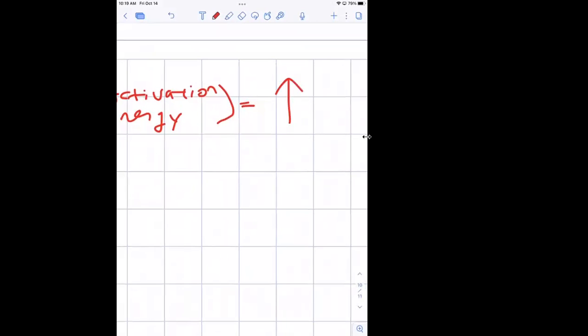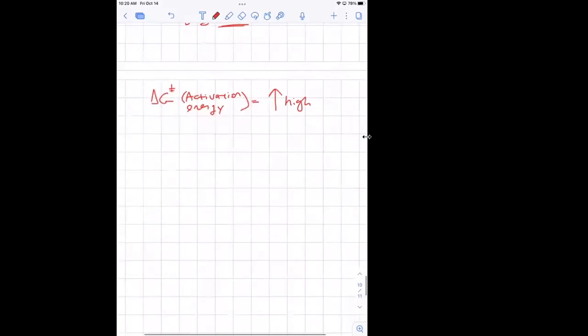We don't know the number, but it's going to be high, right? So endothermic reactions have a high activation energy. And if you calculate delta H, you can infer from that all this other information. So delta G double dagger, which is activation energy, is going to be high.